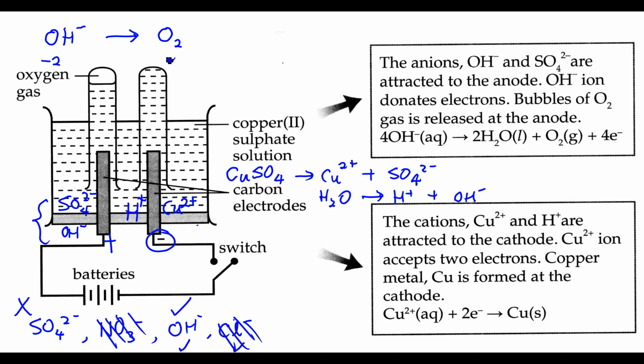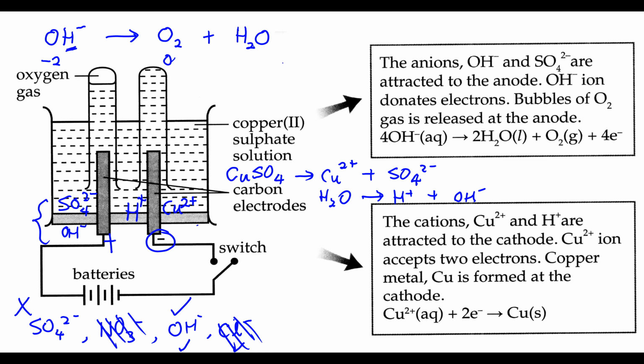And from -2 state to 0 state, that's an increase of +2. That is an oxidation. That's why this happens at the anode. However, we need to include some compound to account for the hydrogen here. So we add water, H2O.